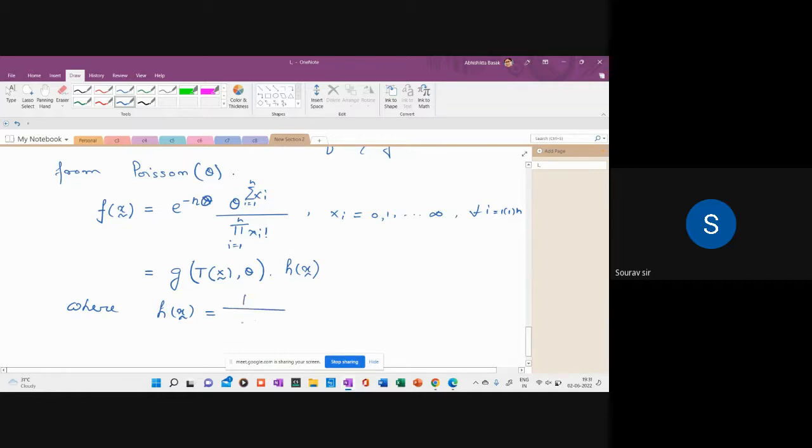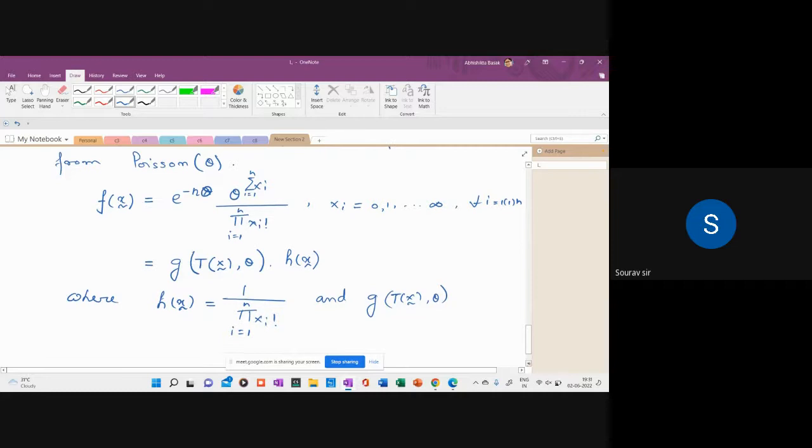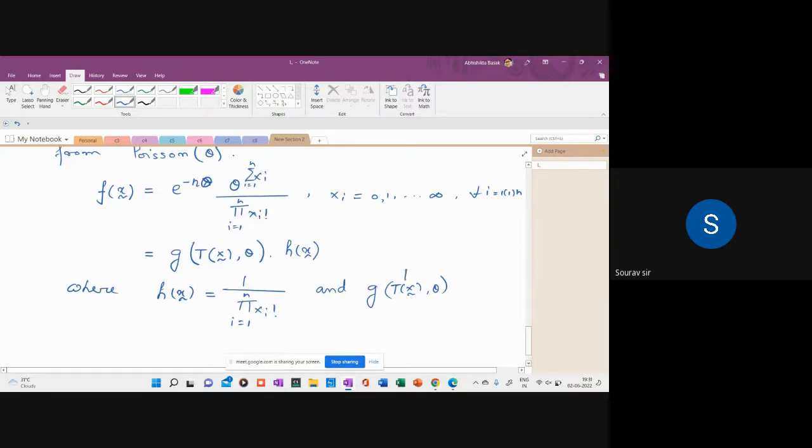Here the function is 1 by product of xi factorial, i runs from 1 to n, and my g of t of x curl comma theta, a joint function of the parameter and of the statistic, is basically e to the power minus n theta into theta to the power summation xi.